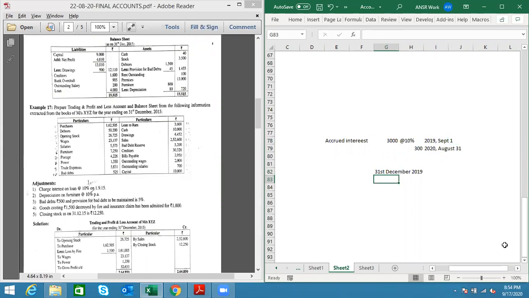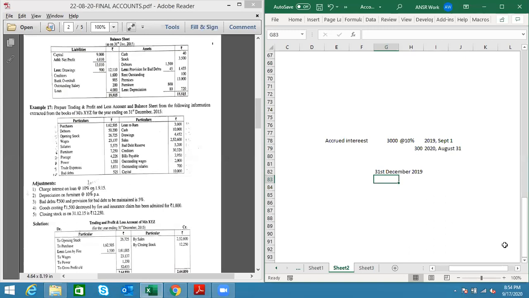We gave a loan of 3,000 rupees on September 1, 2019, and we are charging interest on a per annum basis. The next day on which we will charge the interest is August 31st, 2020. However, on 31st December 2019, when we are preparing the financial statements, do you think we have earned some interest?